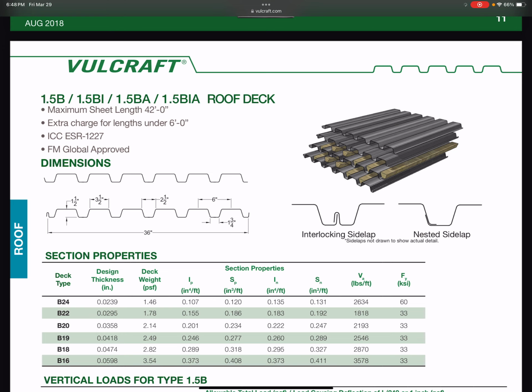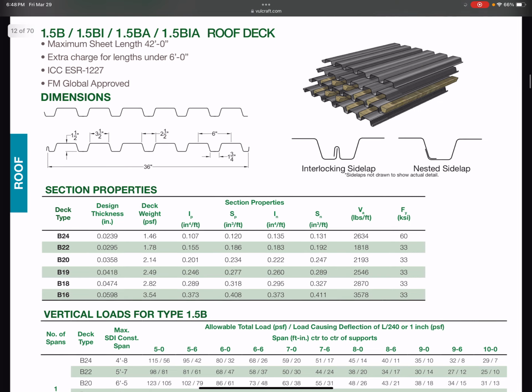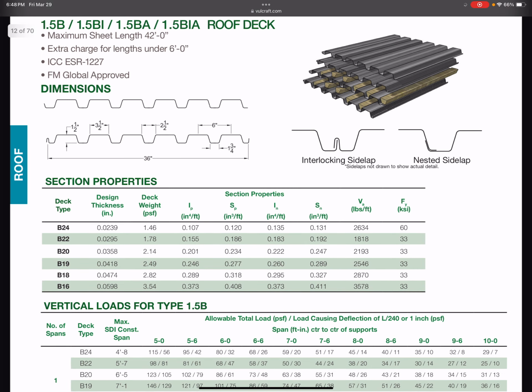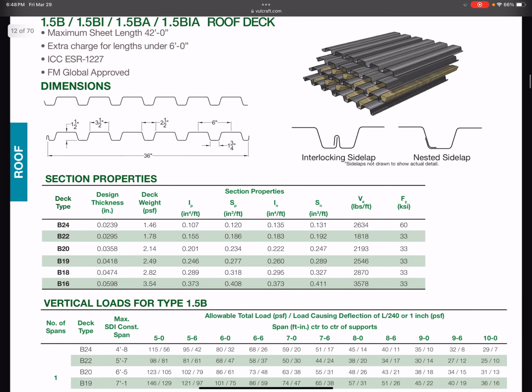You can see sometimes the deck's perforated at the bottom, and then they've got this insulation within the valleys. Acoustical metal deck is very common in educational buildings, especially within open areas, places like hallways, stairs, things like that, where there's going to be a lot of noise. So they have this acoustical metal deck.